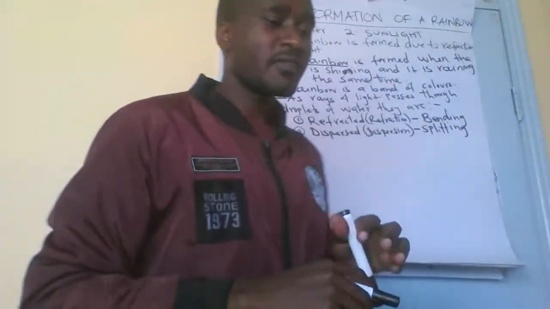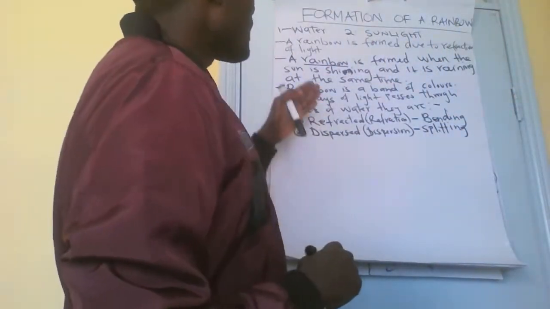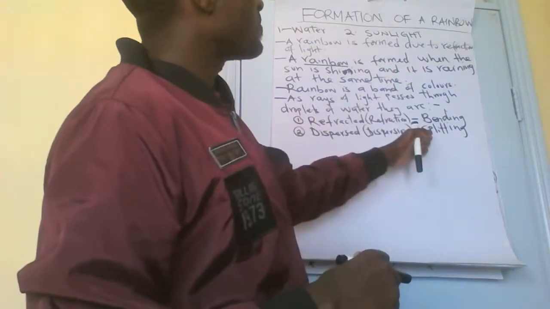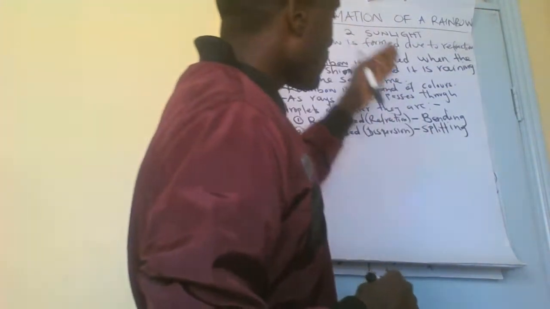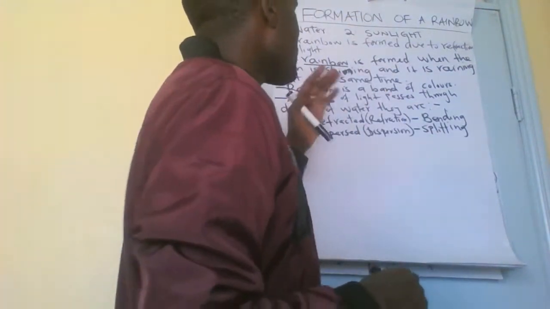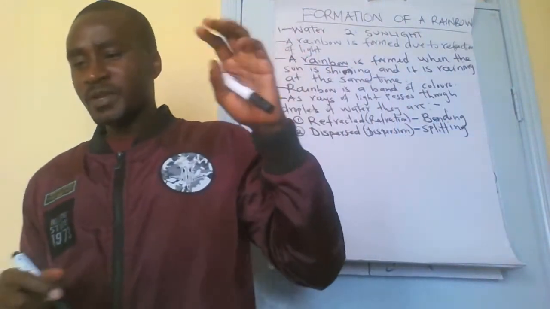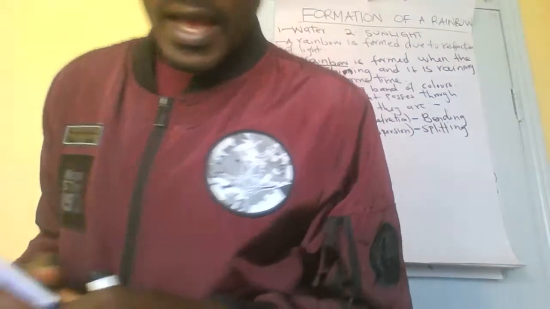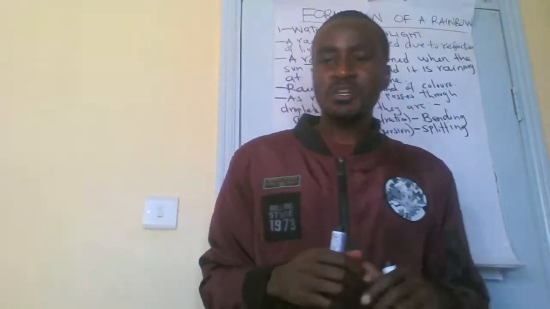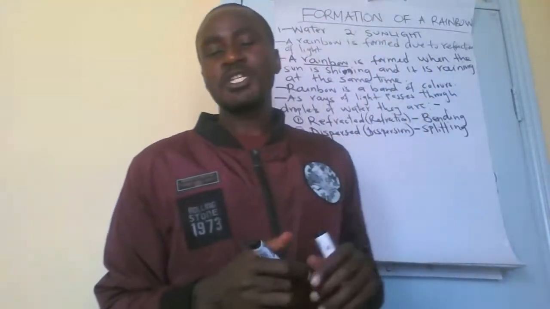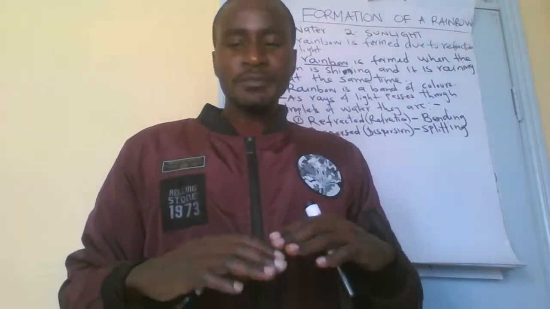And now the splitting of light is what brings the 7 colors, the band of colors of the rainbow. So two things take place during the formation of a rainbow: refraction and dispersion.